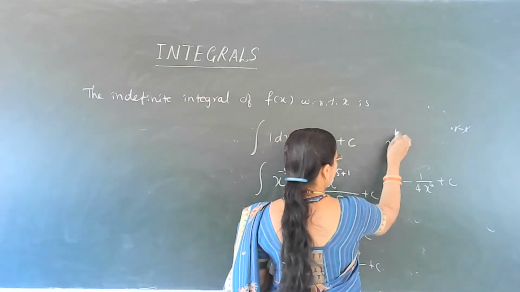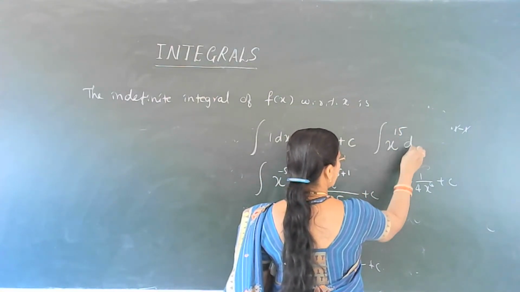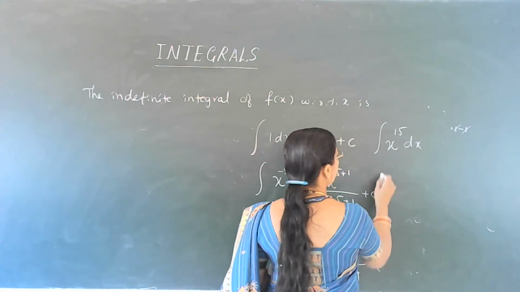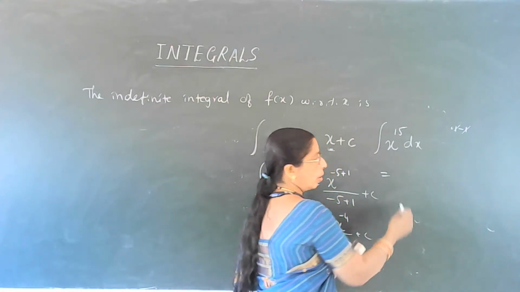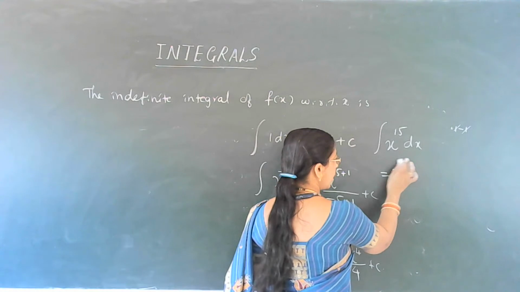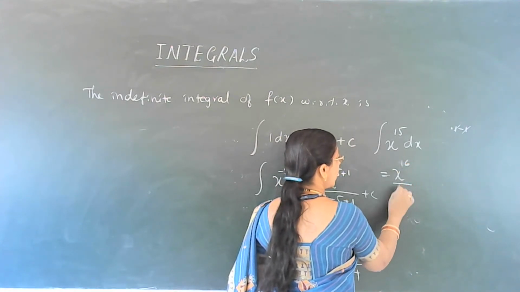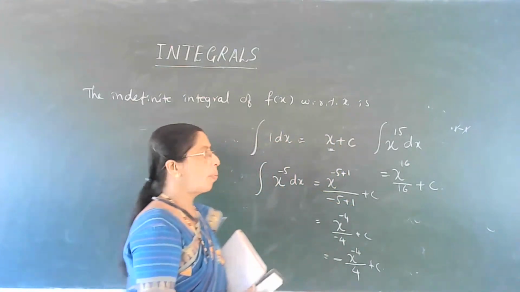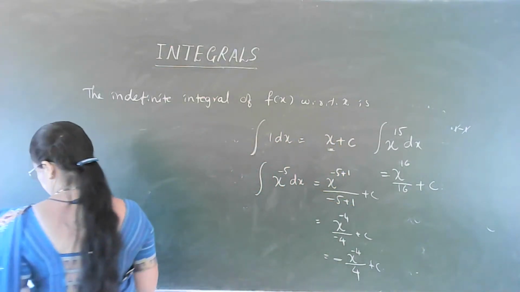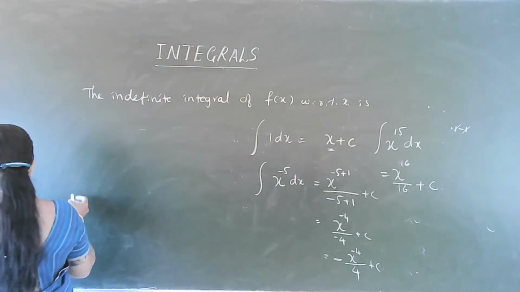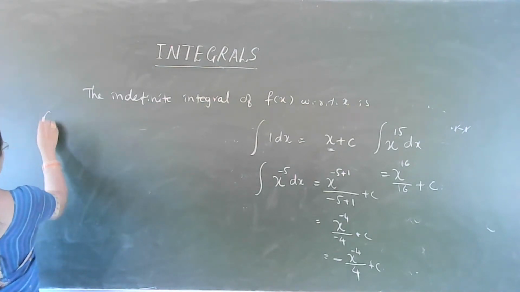Integration of x to the power 15 dx is equal to, write your answer, x to the power 15 plus 1, which is 16, divided by 16 plus c. This is the integration of x to the power 15.